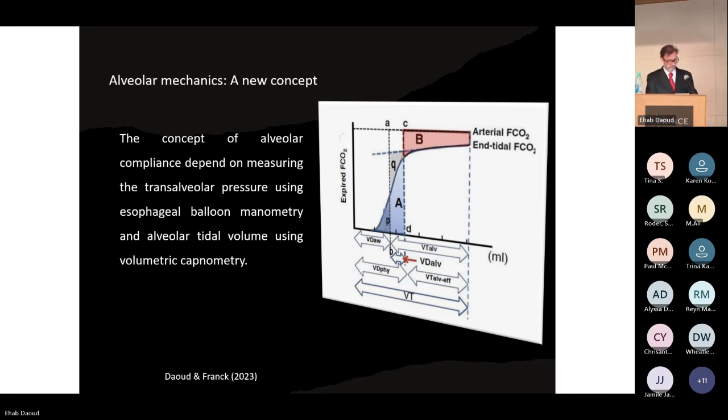The knowledge of alveolar dynamics and mechanics in the critically ill is lacking, with much information originating mainly from bench and animal models of healthy and injured lungs. In this article, we introduce the concept of alveolar compliance and resistance that depend on measuring the transalveolar pressure using esophageal balloon manometry and alveolar tidal volume using volumetric capnometry.